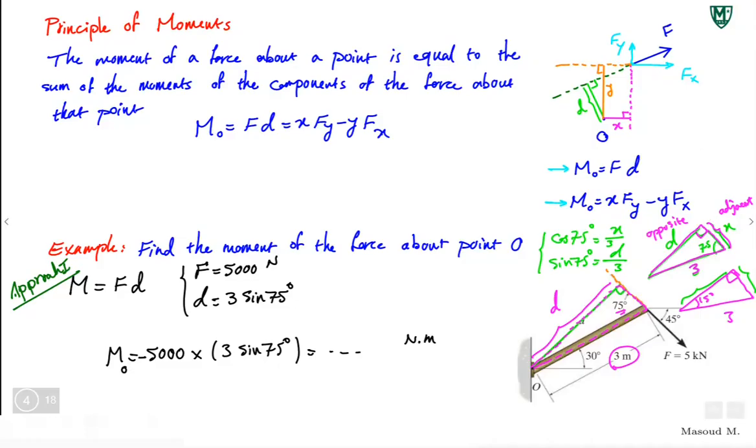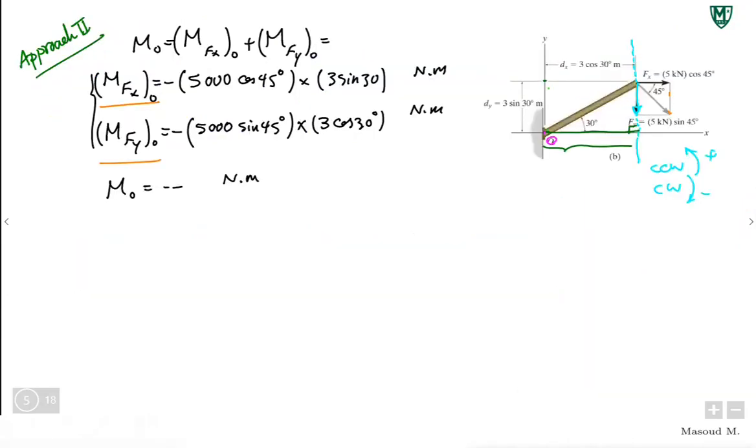Any questions so far? I'm solving the same problem with different approaches. In the first approach, I found the perpendicular distance from the line of action of F to point O, and found the moment using geometry to get D. In the second approach, I used principle of moments: decompose the force into X and Y components, giving a system of forces for moments.